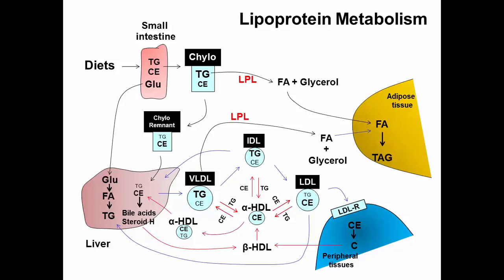Once the triglyceride is removed from VLDL, it becomes smaller, a VLDL remnant, which is IDL. IDL can be further converted to LDL through the exchange of lipids between IDL and HDL.